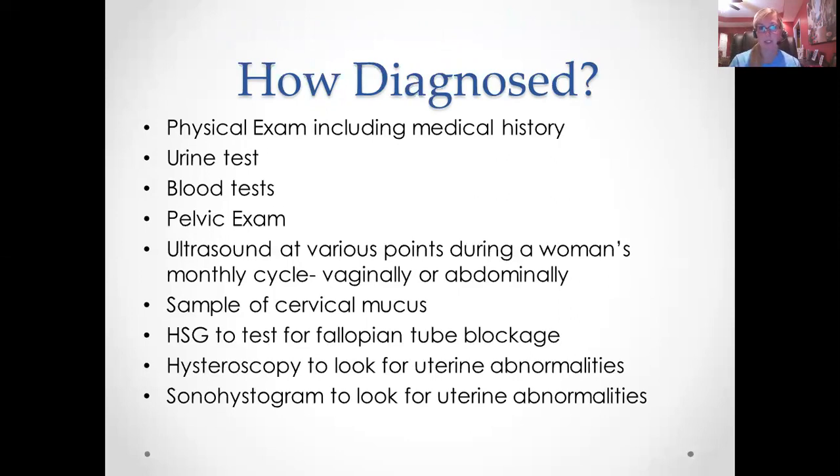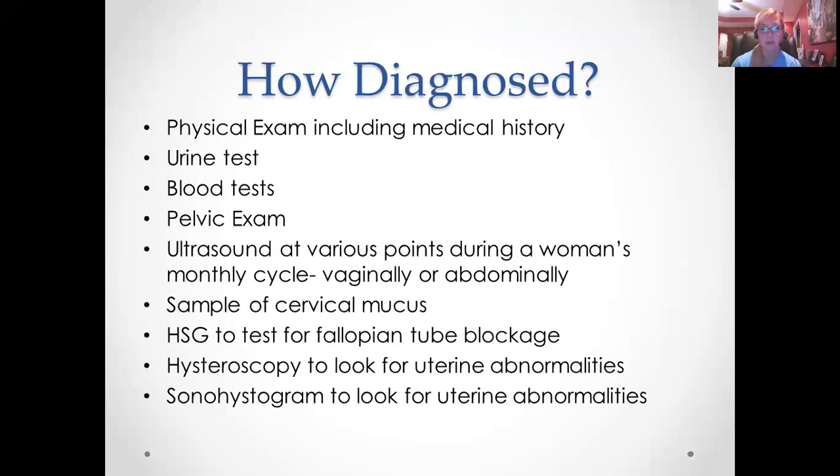So how is infertility diagnosed? A physical exam including medical history, urine test, blood test, pelvic exam, ultrasound at various points during a woman's monthly cycle that can be done vaginally and or abdominally.